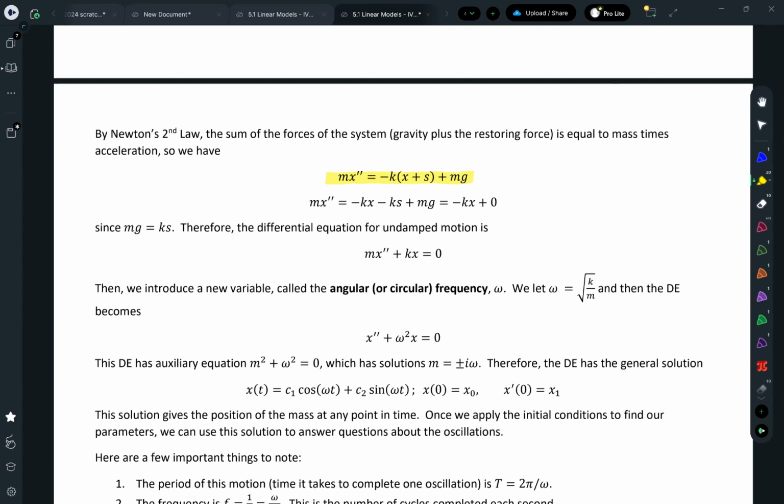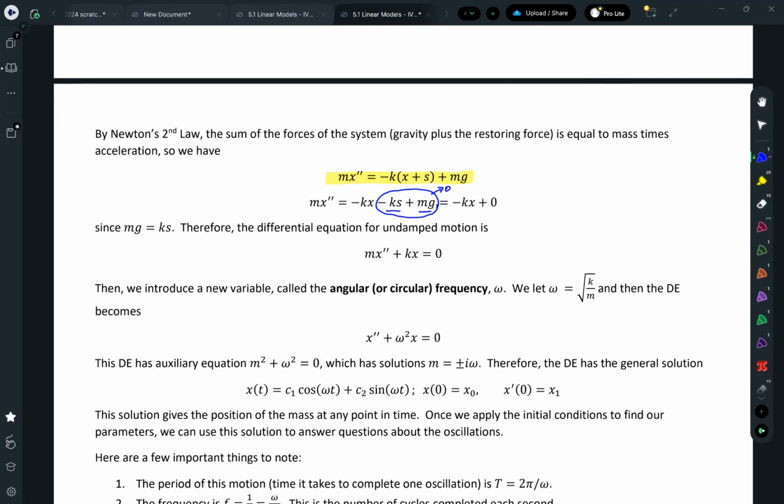But because mg and ks are equal, with one positive and one negative, those two terms go to 0. So m times x double prime, that's the mass times acceleration, is just going to equal minus k times x.